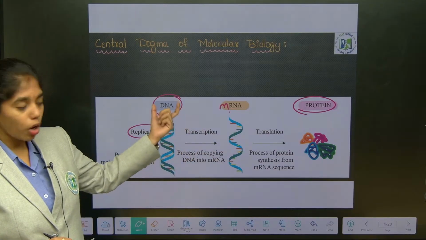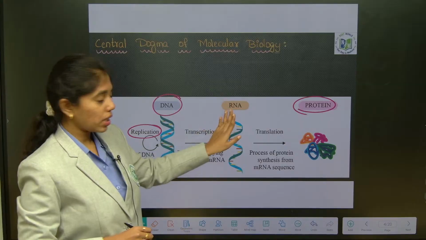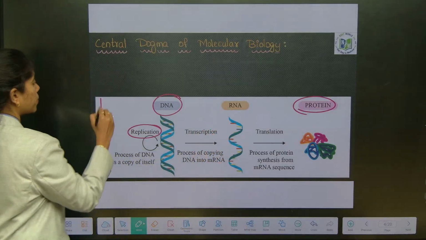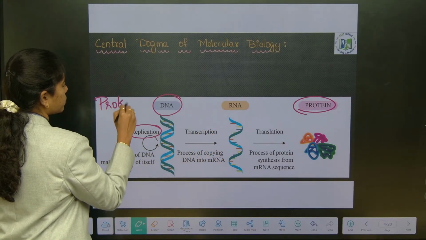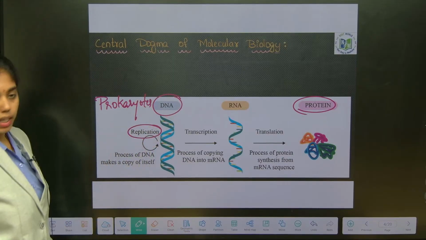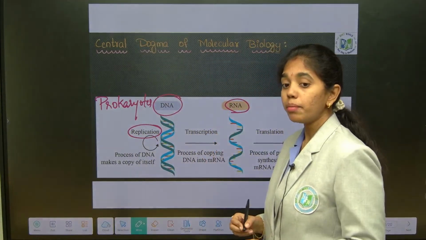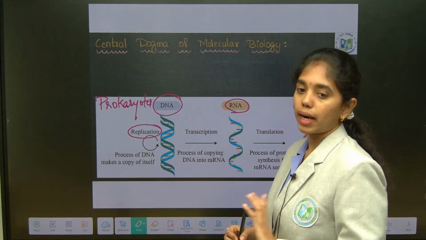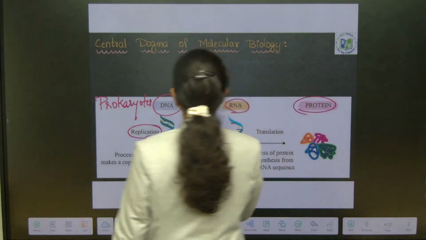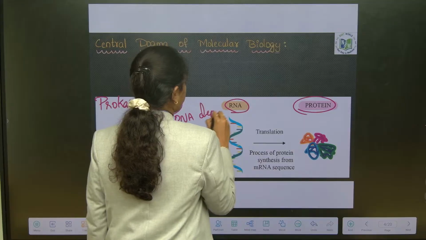This mechanism or location will vary in prokaryotes and eukaryotes. First we will see prokaryotes. In prokaryotes, DNA after replication gets transcribed to RNA by what enzyme? DNA-dependent RNA polymerase.